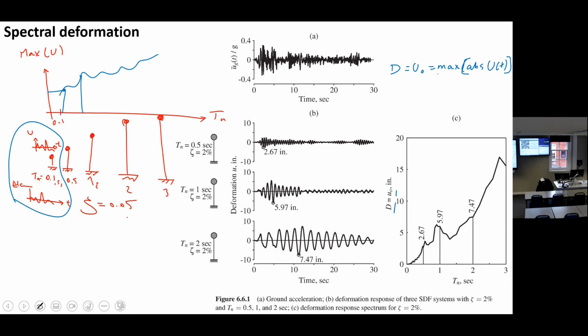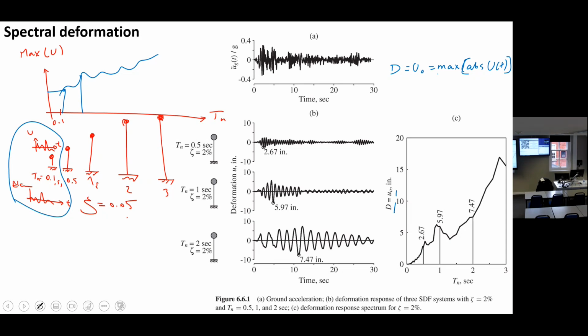And what are you doing in that coursework? You have the design force, right? That's a number, that's a force, that's not a function of time. It's not dynamic, it's static, isn't it? So that static force comes from here, if you have lateral load for seismic load, for example. So it's the maximum of the dynamic response, the maximum of the deformation. We will later multiply it by K to come up with the force.